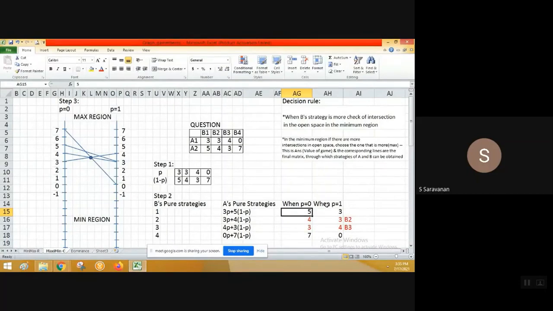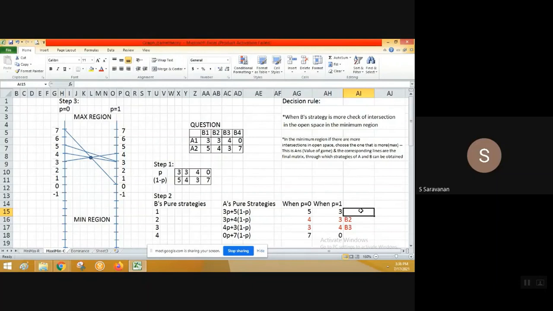When P equals 1, 1 minus 1 becomes 0, and multiplication of anything with 0 is 0, so you get 3, 3, 4, 0. Very simple: 5, 4, 3, 7, 3, 3, 4, 0. Just write them here. It's not a big calculation.